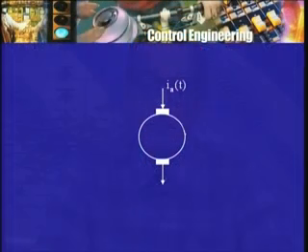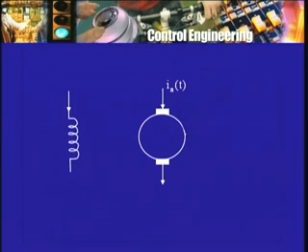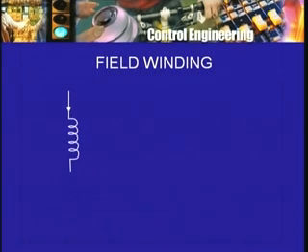So far I only have the armature of the motor, but as I mentioned earlier, there is another winding which produces the magnetic field, and this is shown by a symbol which normally represents an inductor or a coil. So here is the symbol for the field winding.